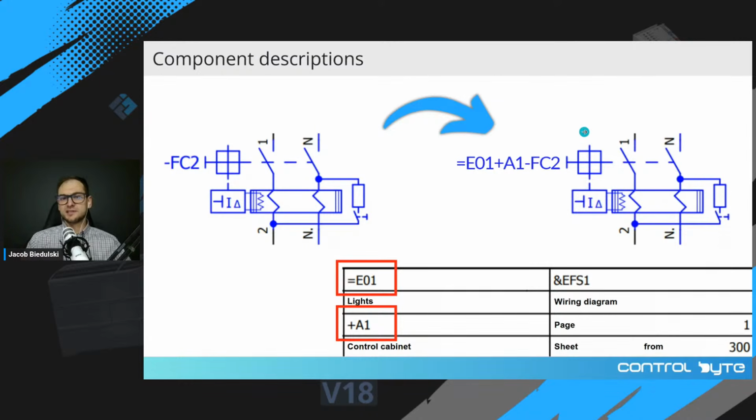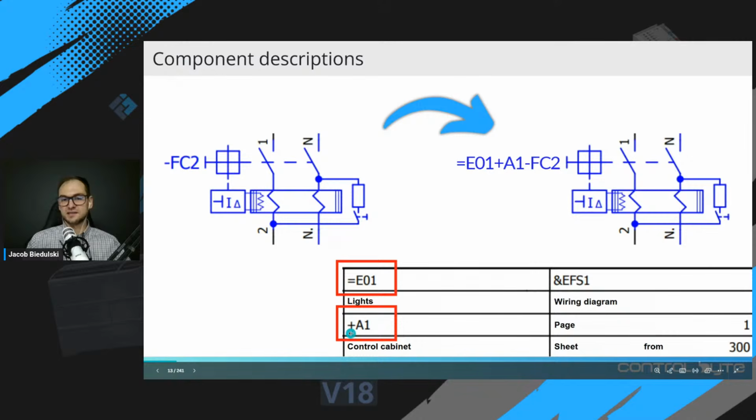In automation systems, the designers use full names to describe the device's location and function. The name of this device is FC2 with the minus, plus A1 is the location of this device, and the equal sign E01 means the function. As you can see here, E01 is a section for the lights, a function for the lights, and plus A1 is the control cabinet.